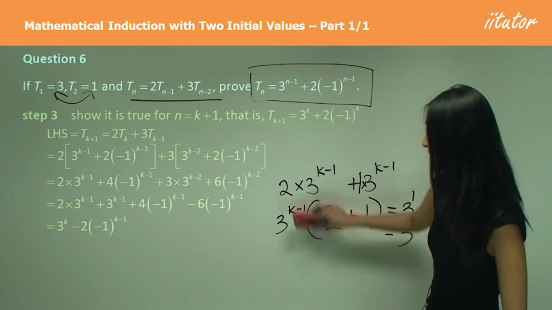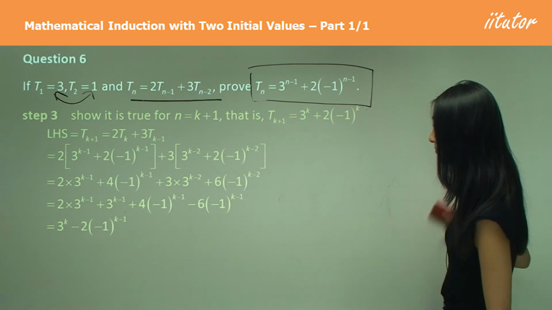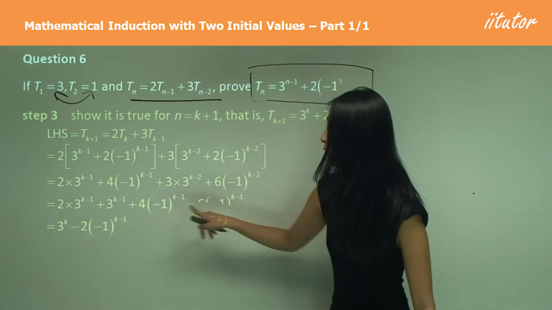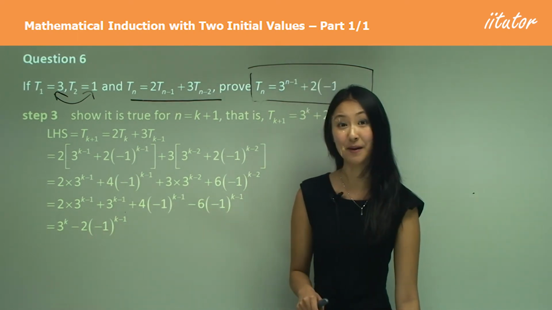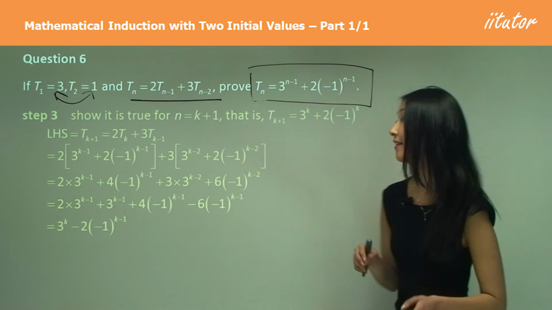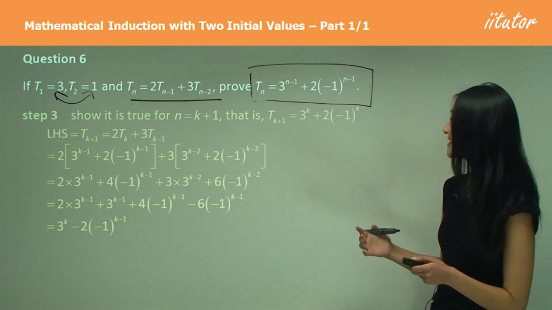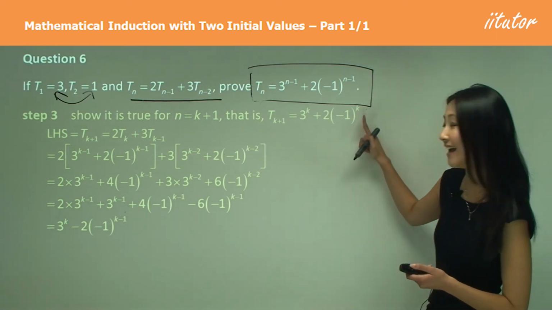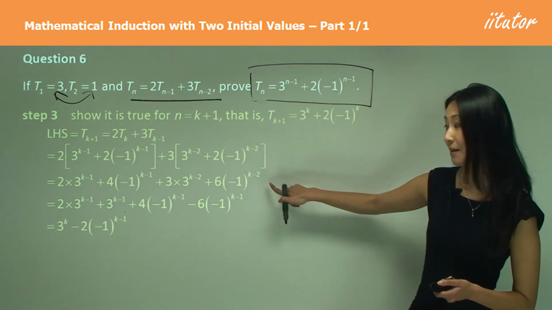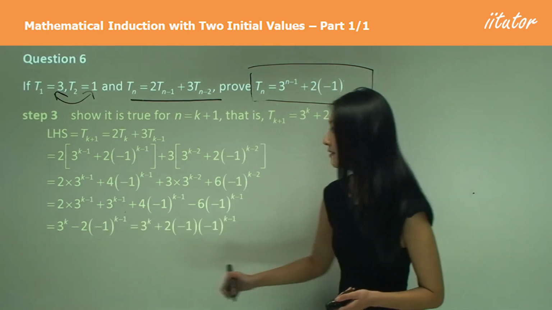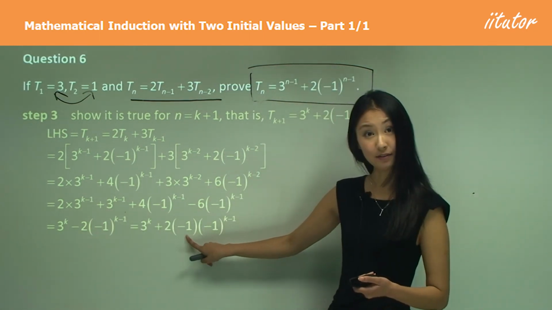Well, what I've done is firstly, because they're like terms, I can just add them together. So you just have plus 4 minus 6 just gives you minus 2 negative 1 to the power of k minus 1. So that's how I've just put that together. Now, you can see that this almost looks like this, doesn't it? We're so close. But the difference is this needs to be k, and this here is only k minus 1. So we use the same idea that we did up here, which is consider this negative 2 as a positive 2 times a negative 1, right?